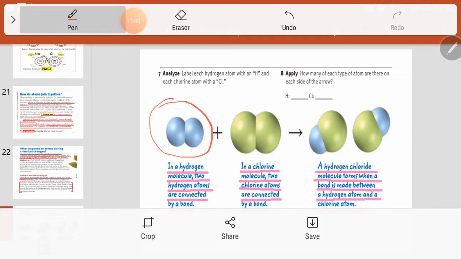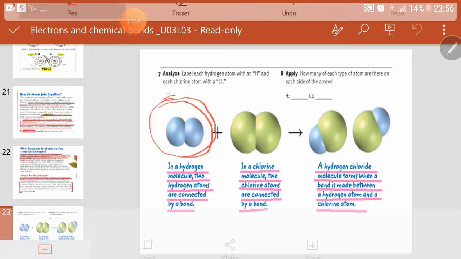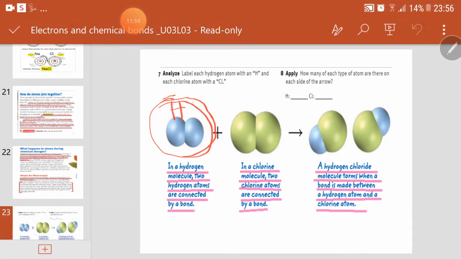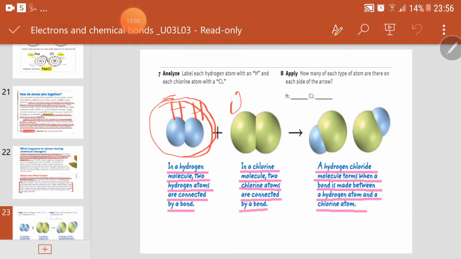Gases like to exist as pairs of atoms. So here this is a molecule of hydrogen gas. It's made of hydrogen and hydrogen. Here it's made of chlorine. That's it, as what you see.